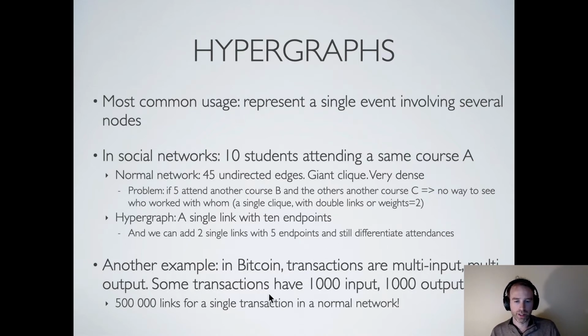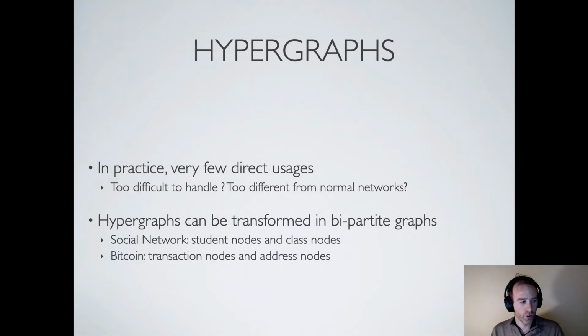Another example is in Bitcoin, you have multi-input and multi-output transactions, and you can have 1,000 inputs and 1,000 outputs. In this case, clearly you see that it's impossible to represent this as a graph because you will have 500,000 links for a single transaction. So in this situation, we can model it with a hypergraph.